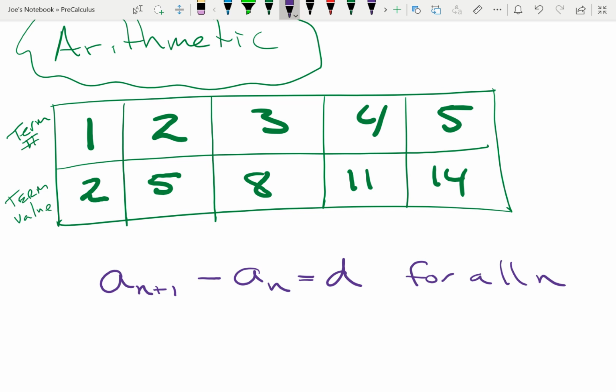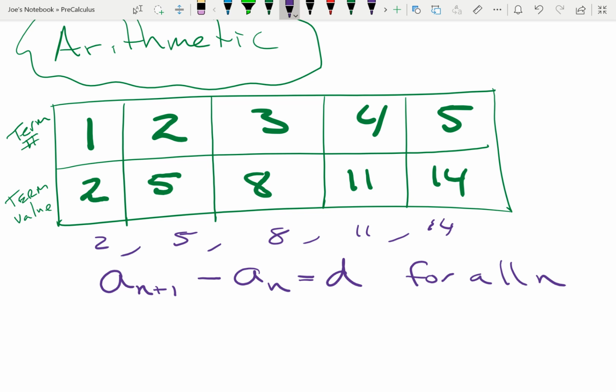Okay, what does that mean? Let's list these numbers out. These numbers list out to be 2, 5, 8, 11, 14.